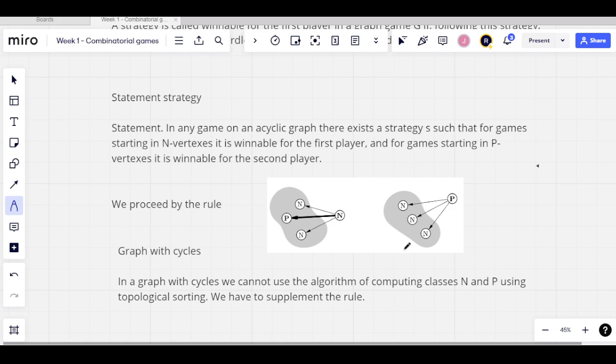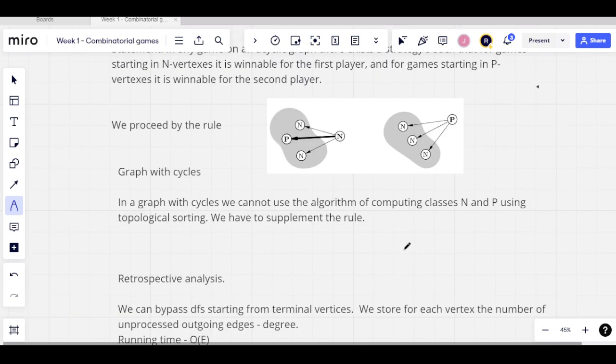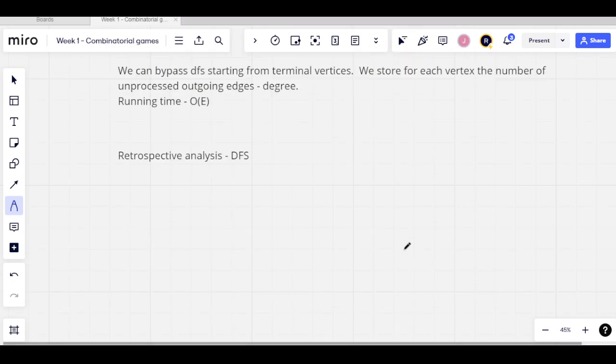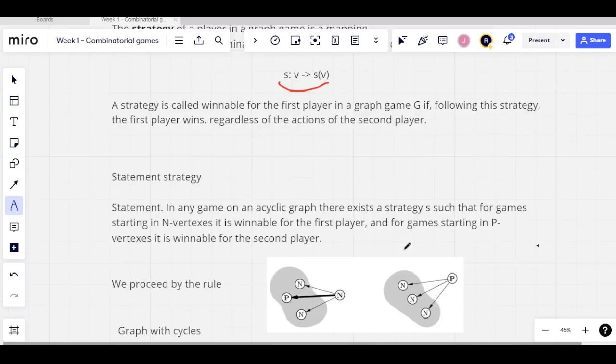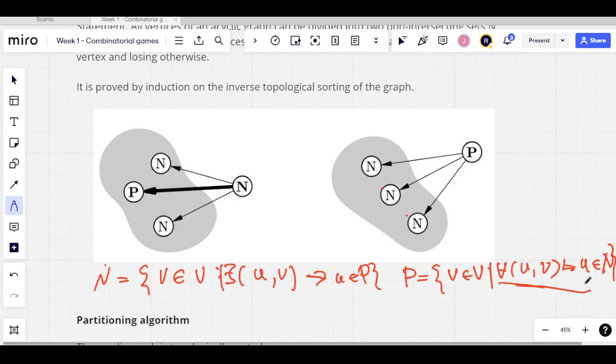Okay, let's consider a graph with cycles. Sometimes we can't compute it, but for example, what if we have this graph.